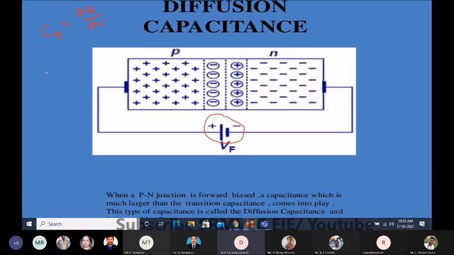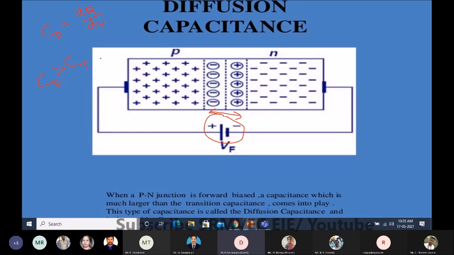So here, comparing these two capacitances, that is diffusion and transition capacitance, we can see that CD will be greater compared to CT because of the width, the dielectric width which is between the parallel plates. It is very low in the diffusion and very large in the transition capacitance.